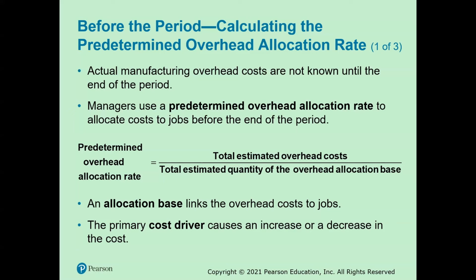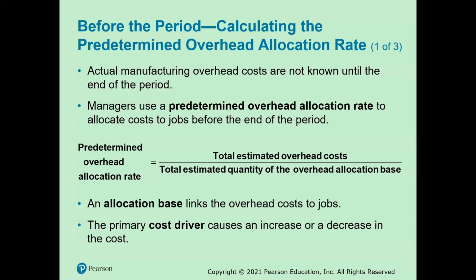The key to allocating indirect manufacturing costs to a job is to identify a workable manufacturing overhead allocation base. And the allocation base is a denominator that links indirect costs to cost objects.